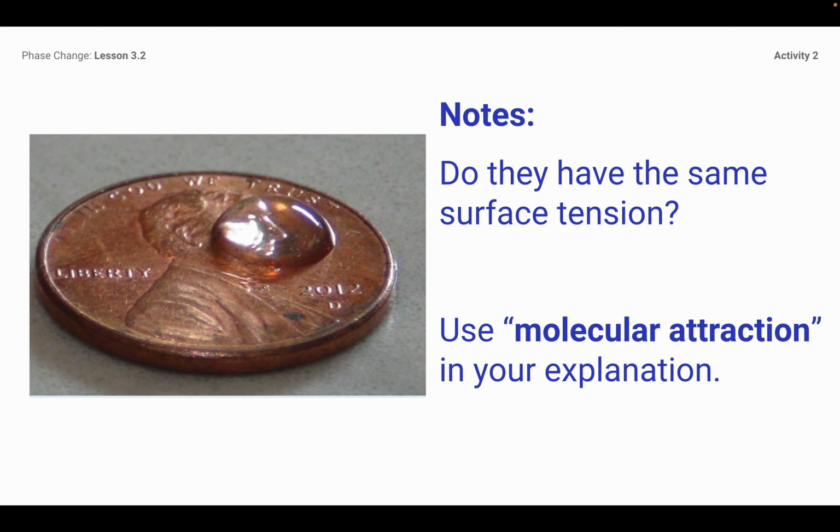So when we're finished with that, then in your notes, I want you to answer the question, do they have the same surface tension? Remember, surface tension, you've got a picture of molecular attraction in your notes, where there are little dots indicating the molecules, and then the arrows pointing in all directions, because those molecules want to come together.